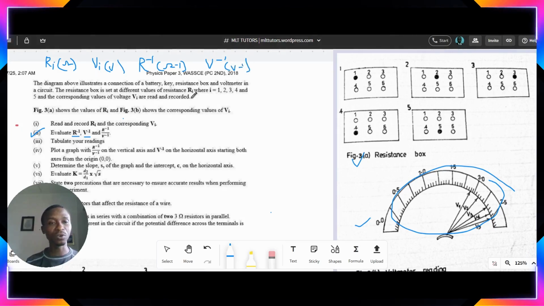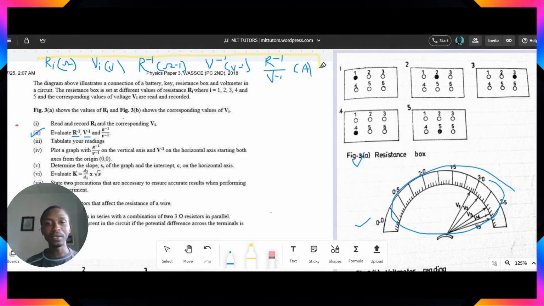The last task is the ratio of R inverse to V inverse. If you compute your unit very well, R inverse over V inverse gives you ampere. That is all on Roman figure 2, and this is what our table is supposed to look like. We already have the table; we just have to put in the values.